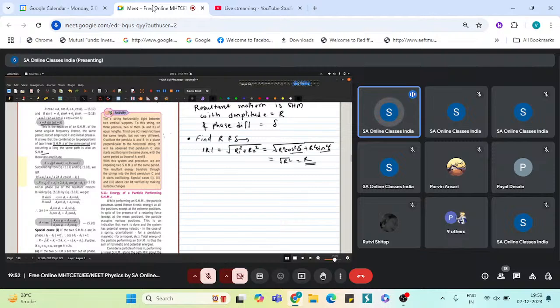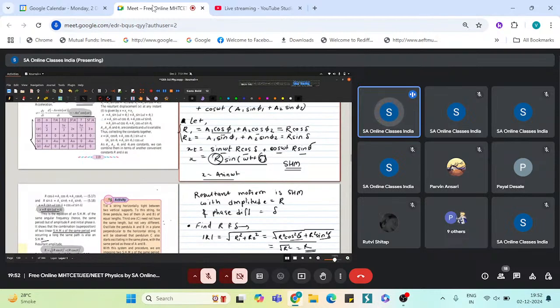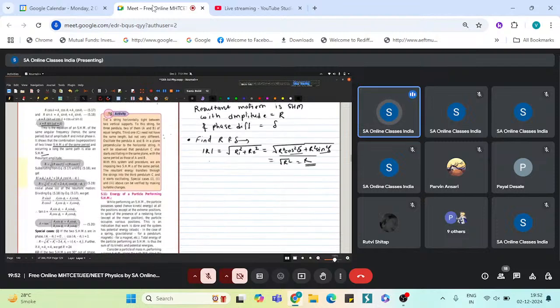So we are just going to use this formula, but instead of doing this cos square plus sine square thing, we are now going to substitute these values. So we have r cos delta and r sine delta in terms of a1, a2, phi 1, phi 2, and we are just going to substitute that here.